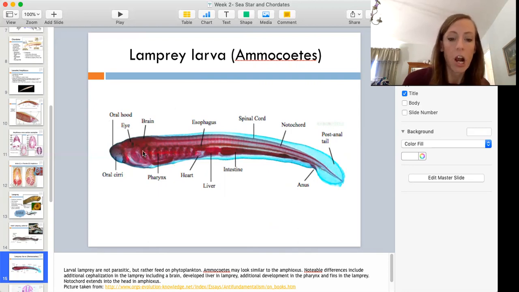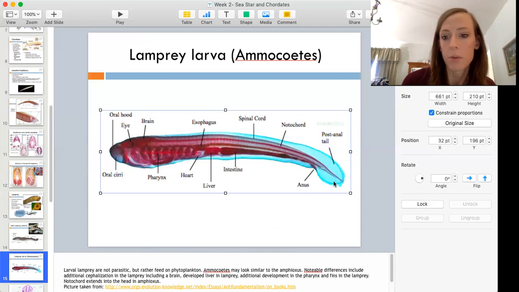Okay. All right, and then the pharynx is where food and water are passing through. And then food will travel through the esophagus right here to the intestine right here. And waste from the food will exit the anus, which exits before the postanal tail.